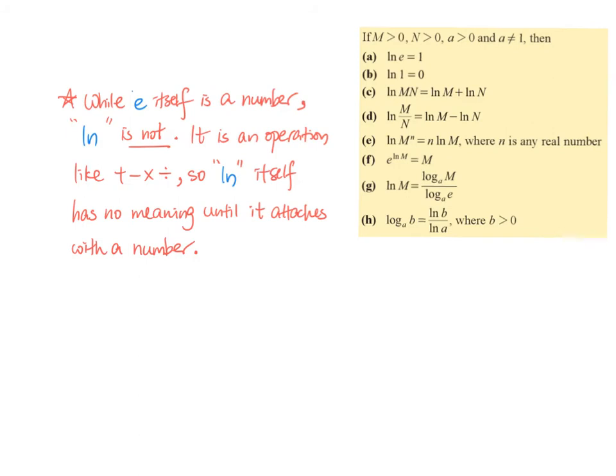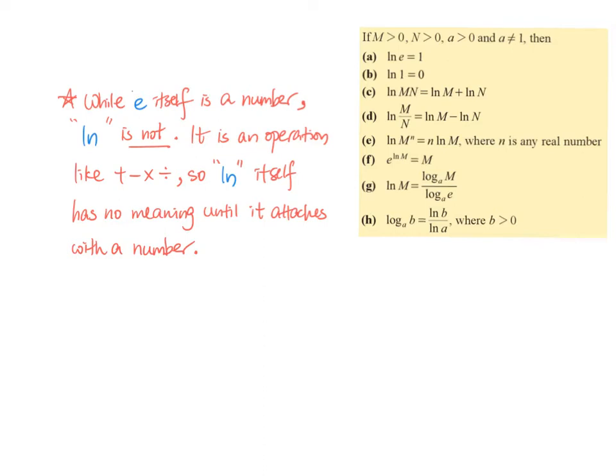Before we start any problems, we have to understand that while e itself is a number, 2 point something something, ln itself is not. Ln is like an operation, meaning you do something to a number.